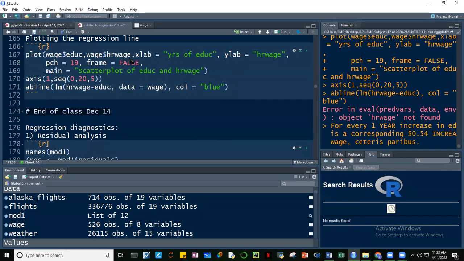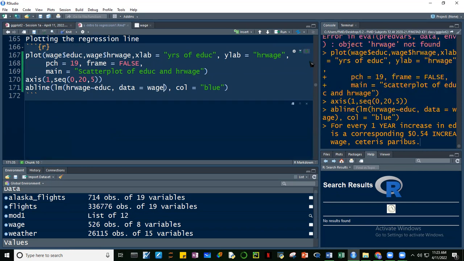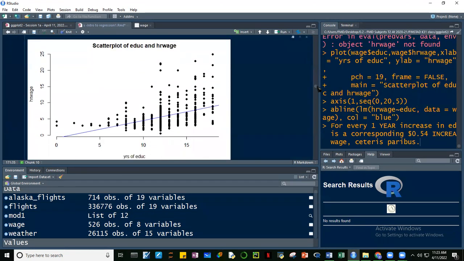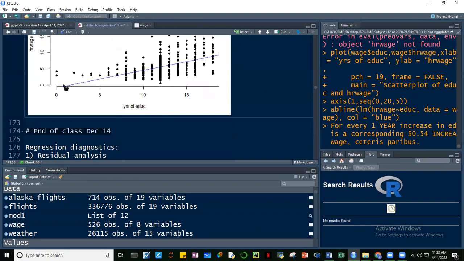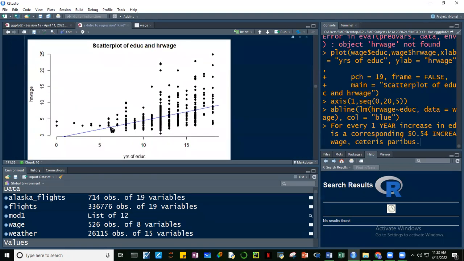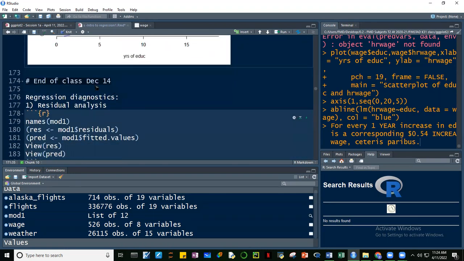Wage, hourly wage, wage education. Okay, so this will be okay now. All right, so this is our regression line. This is the line that we're using in explaining or predicting our outcome variable, hourly wage.